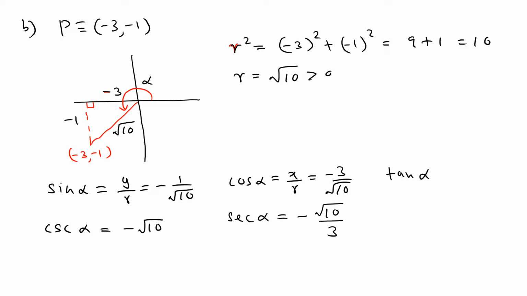The y coordinate is -1 over the x coordinate -3. The negatives get cancelled, so it becomes 1/3. And then cotangent alpha, which is upside down, which is 3. Okay, so let's go to the last part, part C.